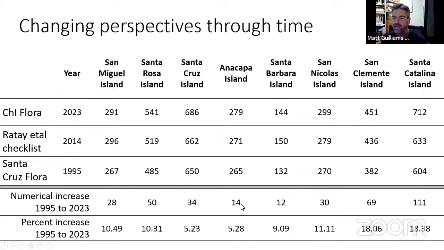So across these islands, anywhere from 12 plants were added. So our knowledge changed. And this is one way of thinking of it, 12 new plants, all the way up to 111 new plants for Santa Catalina Island, which is really just a shockingly high number. The percent increase for two of these islands, San Clemente and Santa Catalina Island, were approaching 20% difference, which is just really staggering.